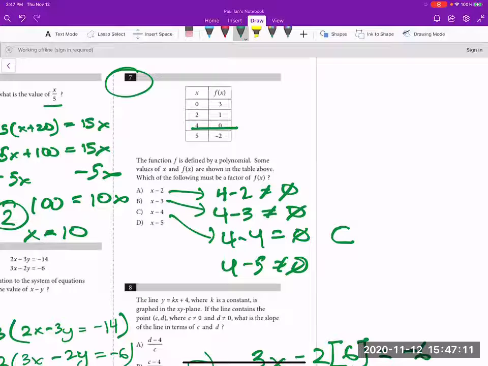So if you did 0 minus 4, because the other ones, if you did 5 minus 2, it doesn't equal negative 2. 5 minus 4 doesn't equal negative 2 either. And then 5 minus 3.